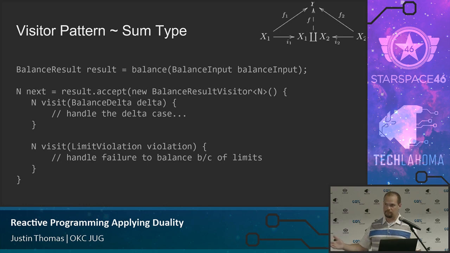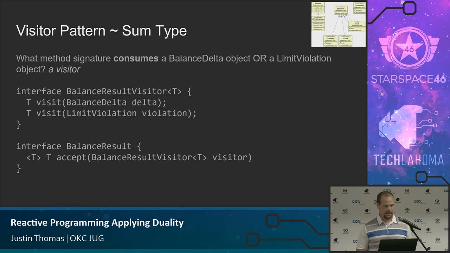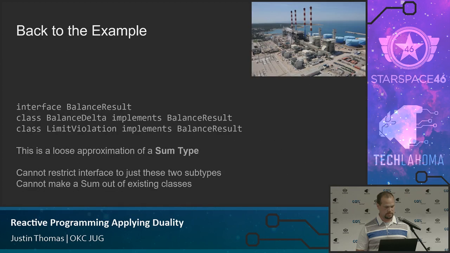Okay, so now my computation looks like this. I compute balance off of balance input, and I get a balance result object. Now that balance result object is one of two different instances. If I want to continue downstream with that, I have to handle both cases because I don't know which I'm going to get. So the visitor forces me to handle both cases, and the way I do that is I say result.accept and I make a new visitor, and then I override each of the visit methods, and that override is basically back here when I first introduced it.